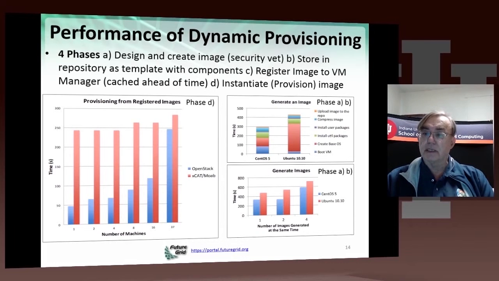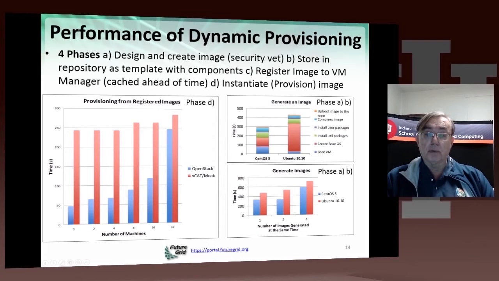That's step B. Step C is to actually create the image and register it with a virtual machine manager, like Nimbus or OpenStack. And then step D is to instantiate it, which is the actual provisioning, to make it actually running on a FutureGrid node.